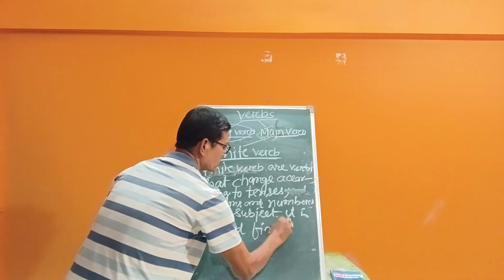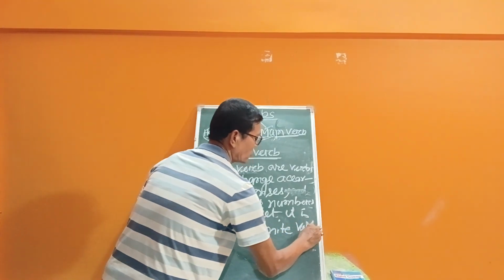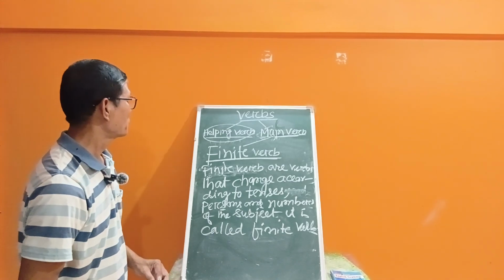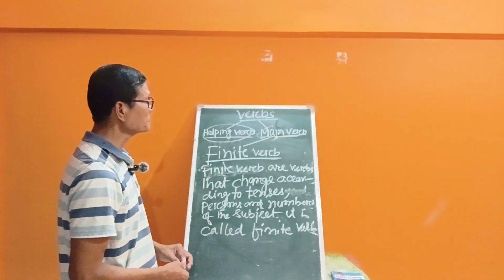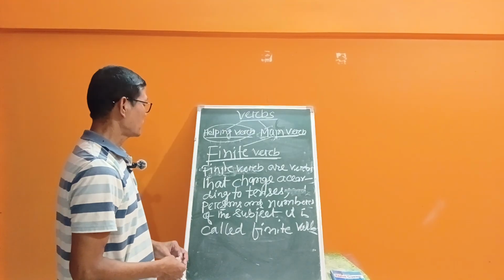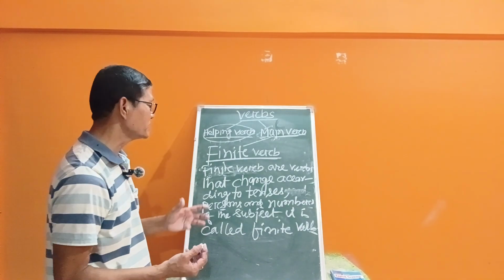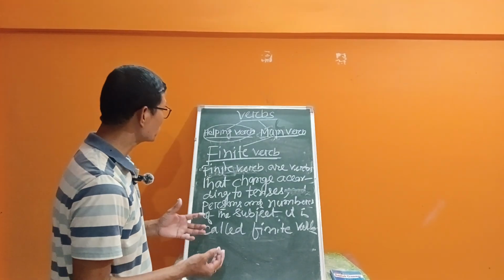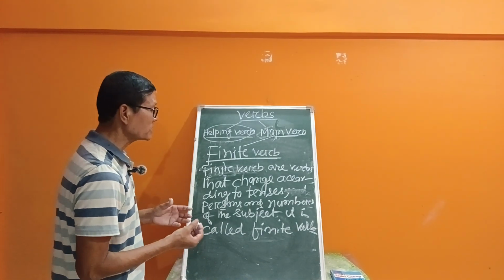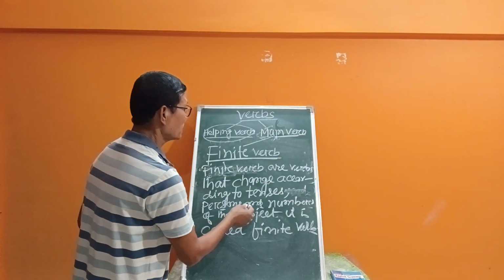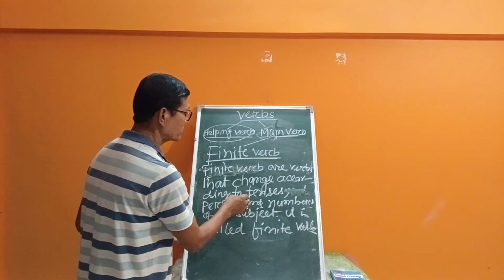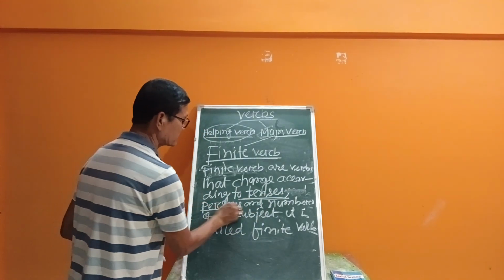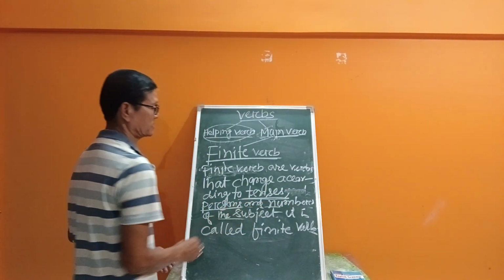It is called finite verb, isn't it? What is a finite verb? Finite verbs are verbs that change their forms according to the tenses and the persons and numbers of the subjects, isn't it?